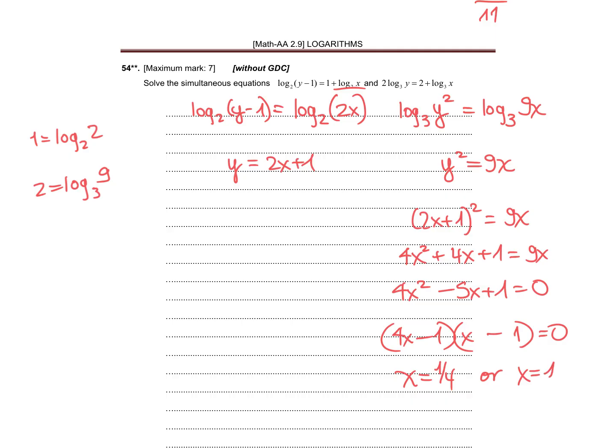And both of those actually work. So if we have y is 2 times 1/4 plus 1, that's 3 halves. And y is 2 times 1 plus 1, which is 3. And I think both of those work as well. So we're going to have 1/4, 3 over 2, and 1, 3.